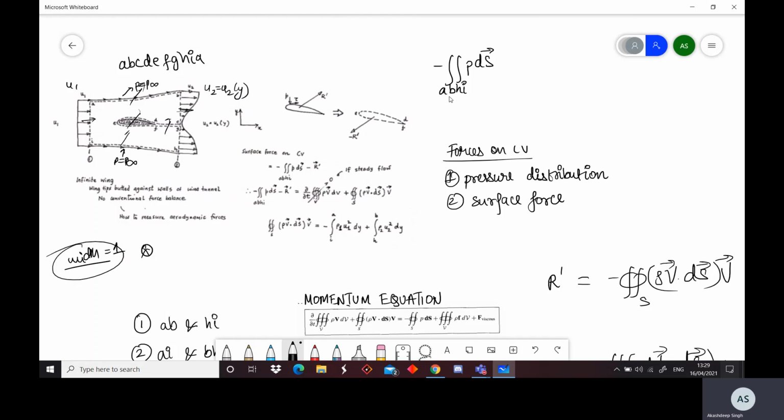The surface force on DEF, which bounds the airfoil, due to the presence of the body, will be R prime. On the outer boundaries, we have neglected the shear stress: the shear stress on AB and HI has been neglected. However, CD and FG are taken adjacent to each other, so any shear stress or pressure distribution on one is equal and opposite to the other. So surface forces on CD and FG cancel each other.